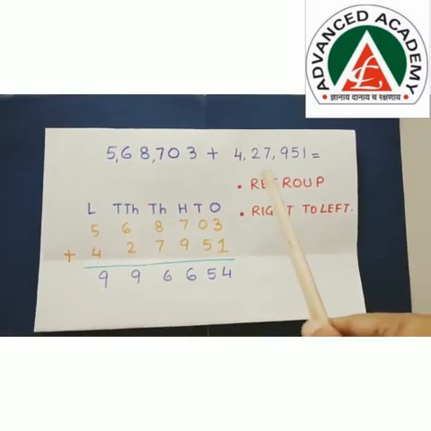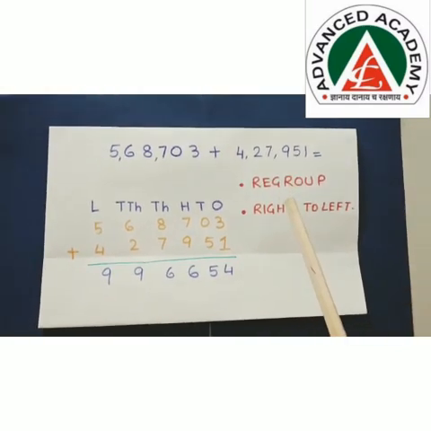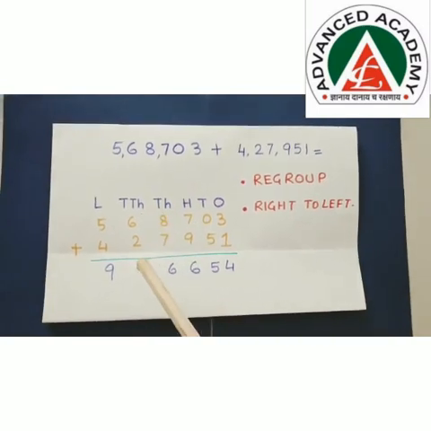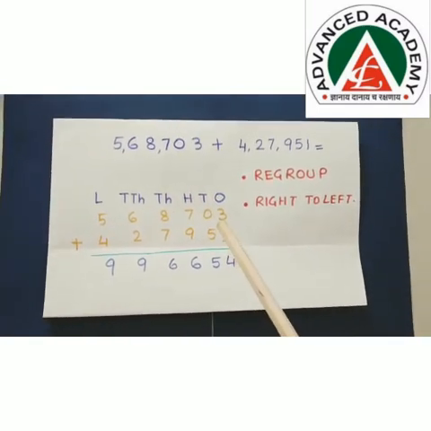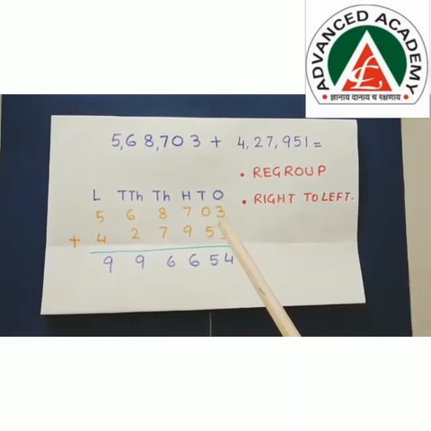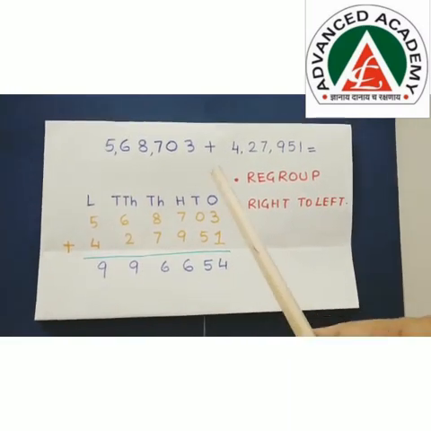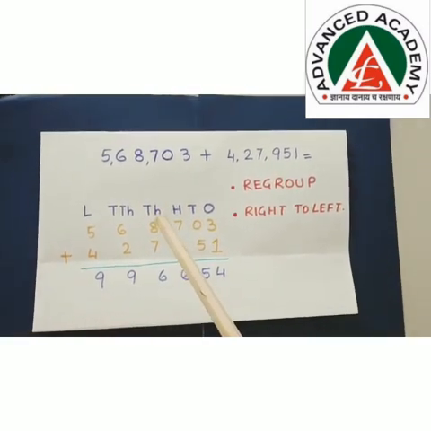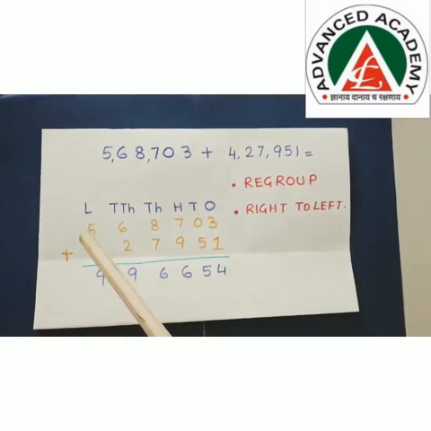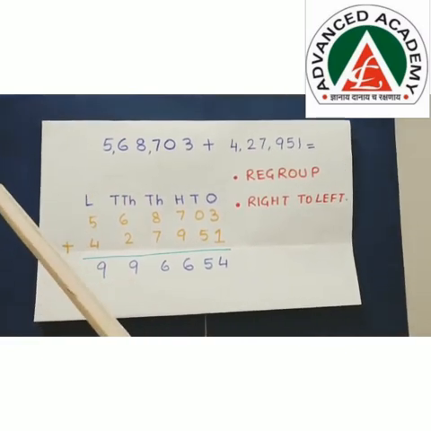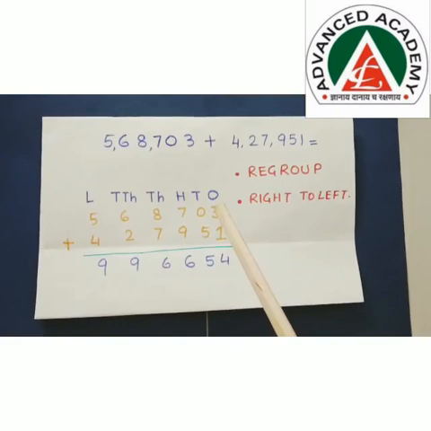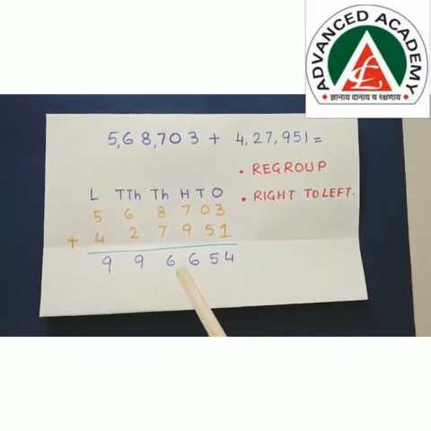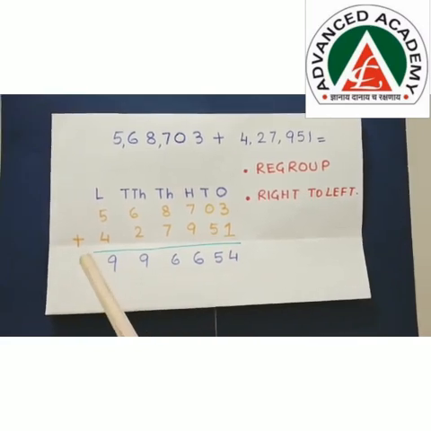After regrouping our addends, we will start addition. For addition, we should always remember that we have to start from right to left, from ones, tens, hundreds, then thousands, 10,000s and lakhs, and so on. So we have to start from right hand side and slowly proceed to our left hand side.